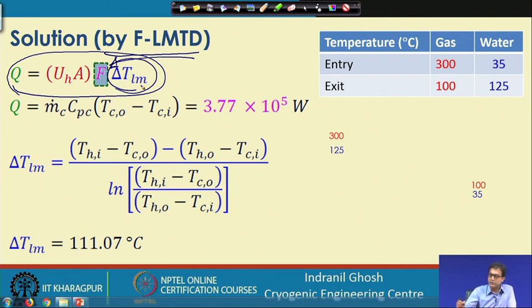So, in this case, what is known to us? Both the entry and exit temperatures.